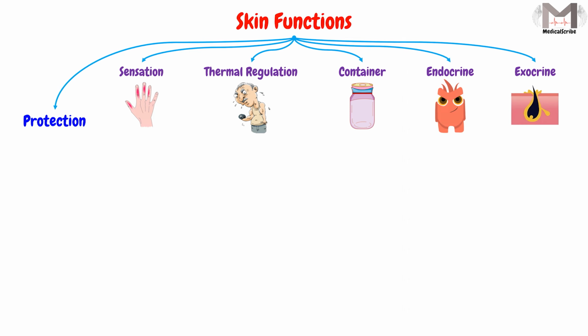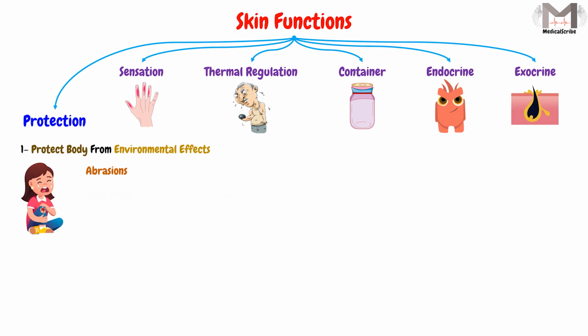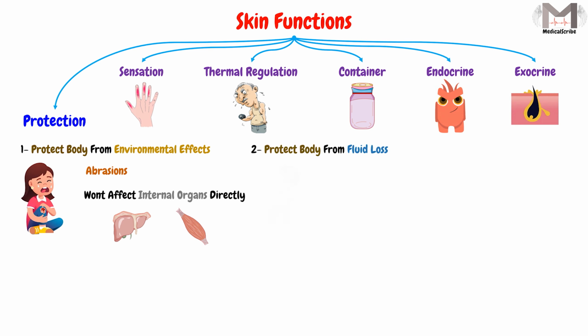The skin protects the body mainly from 5 things. Firstly, it protects the body from environmental effects, like abrasions, so they will not affect the internal organs directly. Secondly, it protects the body from fluid loss, which is a very serious issue, because if a patient loses a huge amount of fluid without replacing it, the person may dehydrate and die.